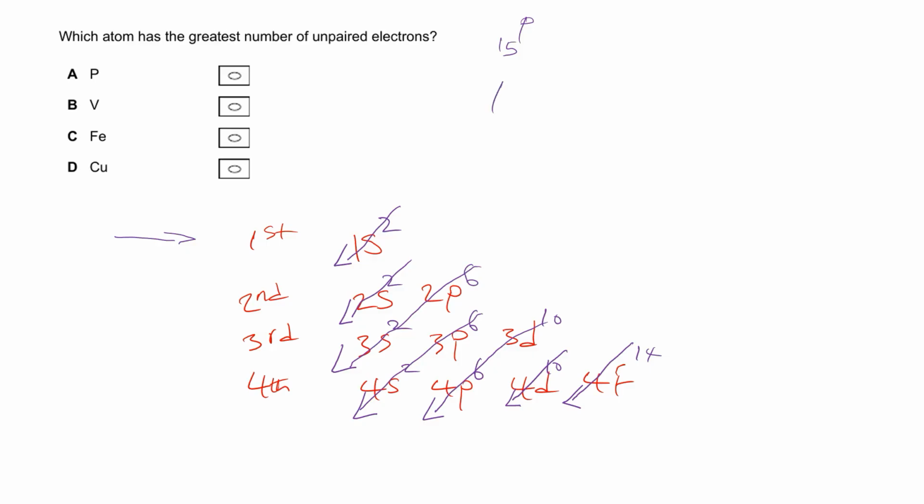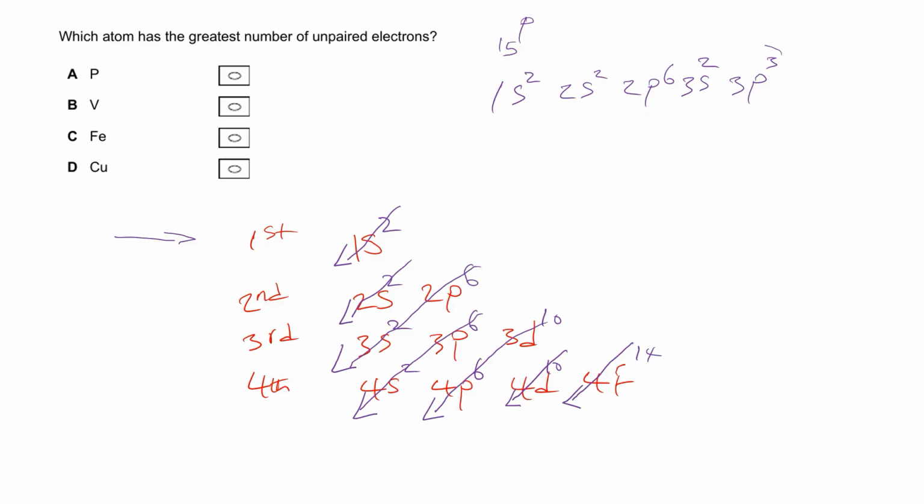The first will be 1s2, 2s2, 2p6, then 3s2. How many total electrons do we have now? We have 4, 10, 12. It remains 3 electrons. So after 3s, the next one is 3p. So we have 3p3. So the last orbital here is 3p3.